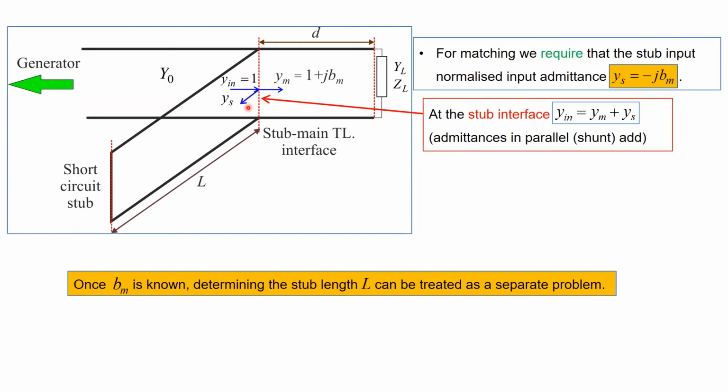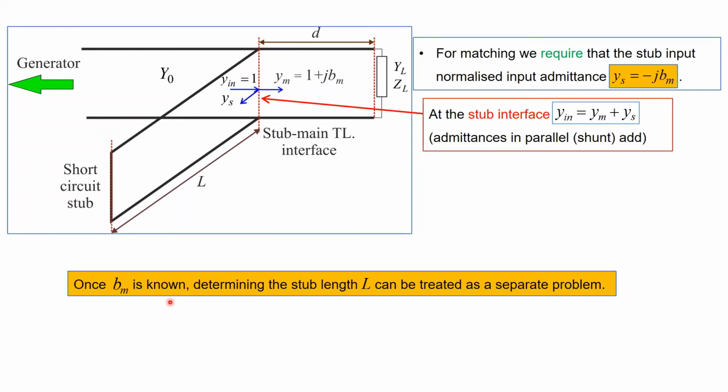So that means that we require that the stub input normalized admittance, Ys, is equal to minus jBm. If that is the case, then it'll certainly be the case that Yin is equal to 1. So again, to reiterate, at the stub interface, Yin is equal to Ym plus Ys.